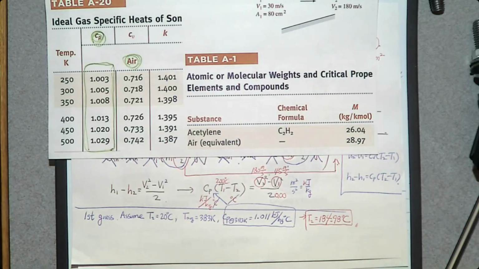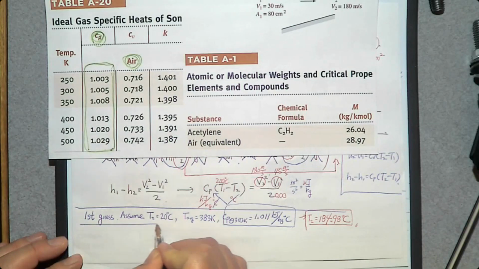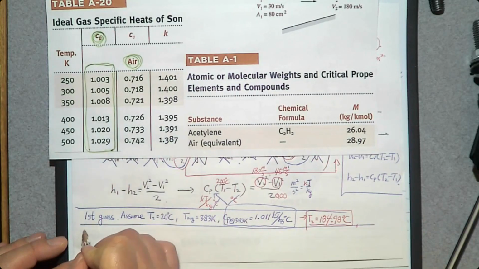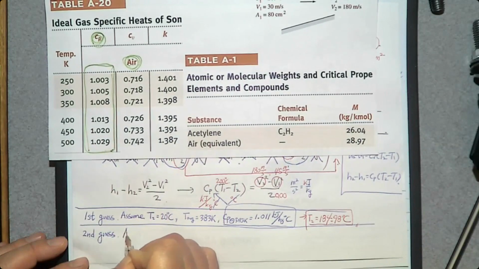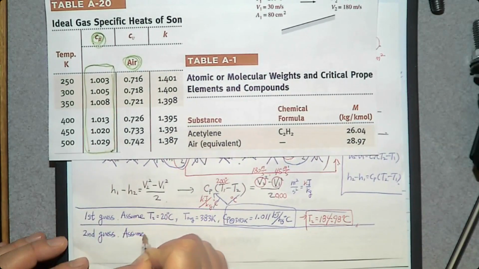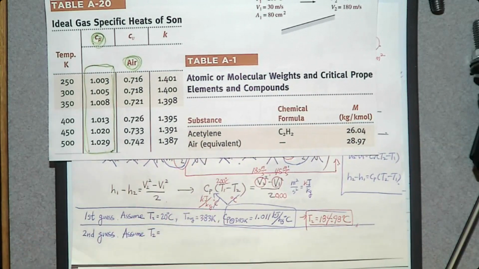Then let's do a second guess. So first guess, unfortunately, was wrong. Second guess. Now let's assume T2 again. I'm not going to assume a completely random number like 6,000 degrees Celsius, or 2.3 million, or 3 billion.